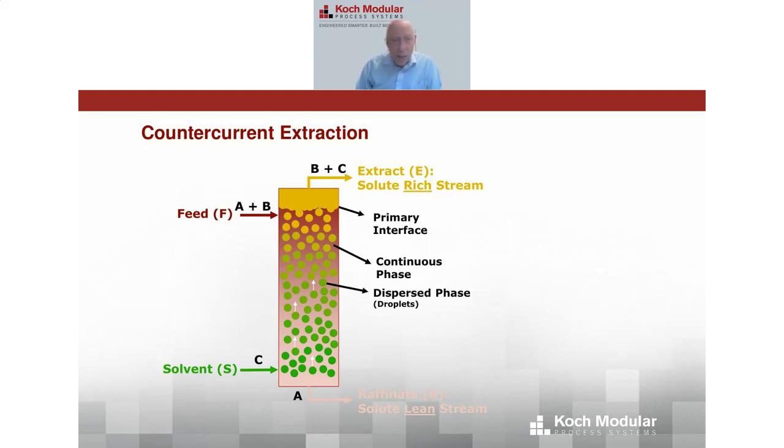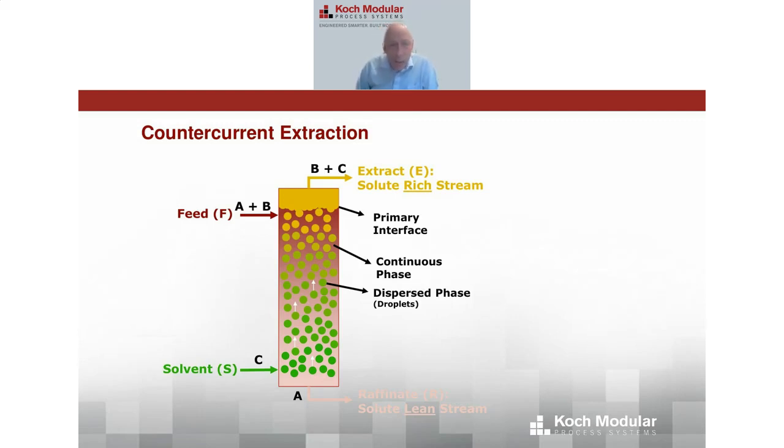So in a column like this, you have 2 phases. You have what we call the continuous phase and the dispersed phase. In this example, we're showing the aqueous heavy phase coming in and filling the column. Therefore, it is the continuous phase. And the solvent coming in the bottom is being broken up into droplets. So that is the dispersed phase in the column.